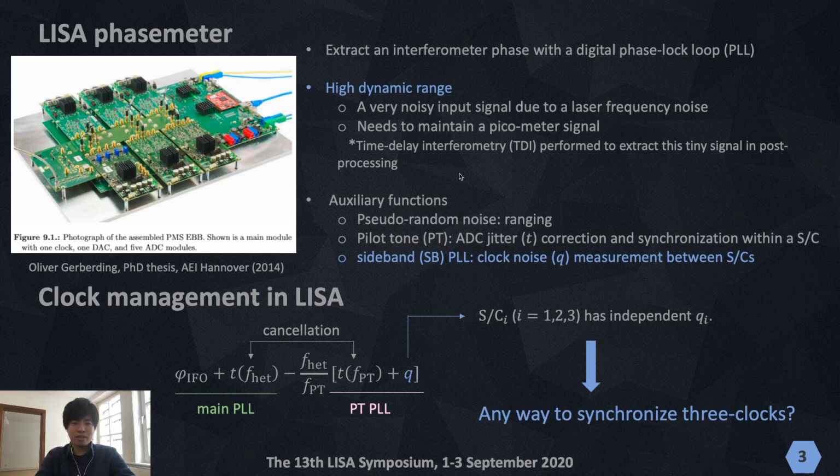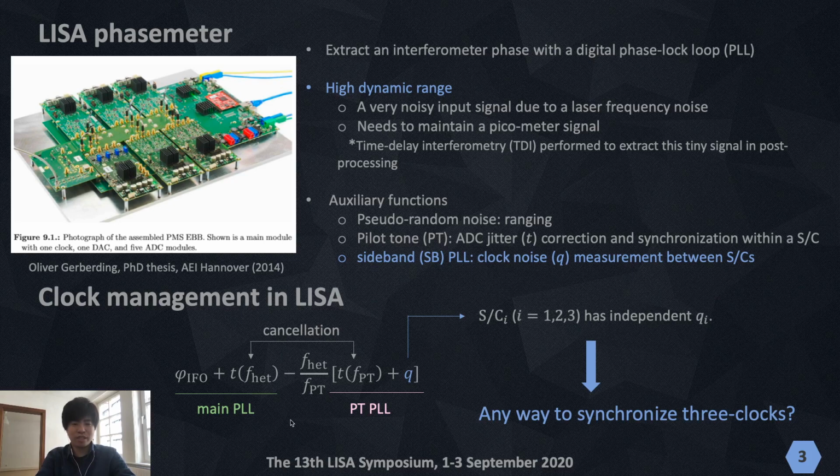The Phasemeter has several auxiliary functions, but here I focus on sideband PLL, which can measure the differential clock noise. I explain this point in more detail.